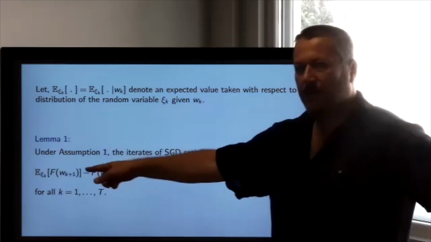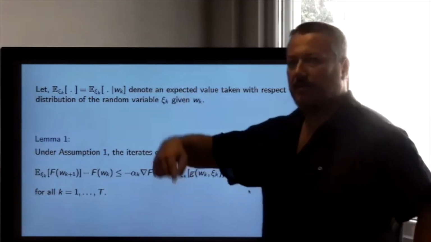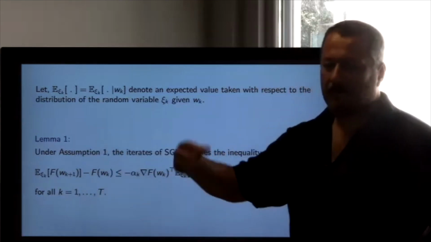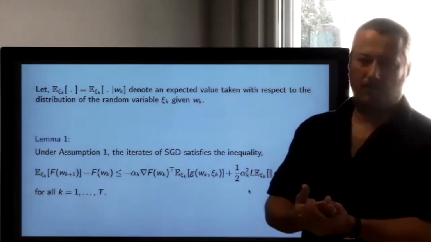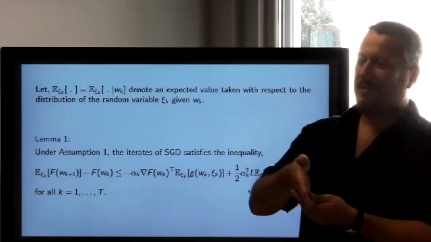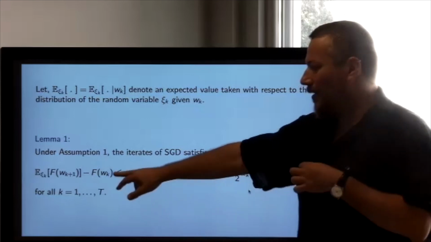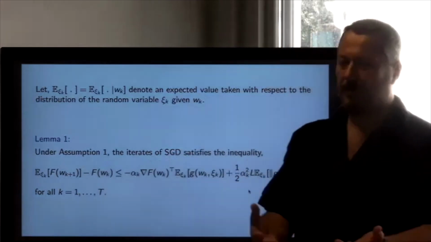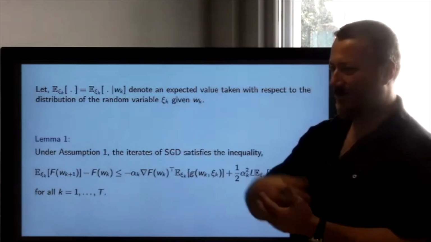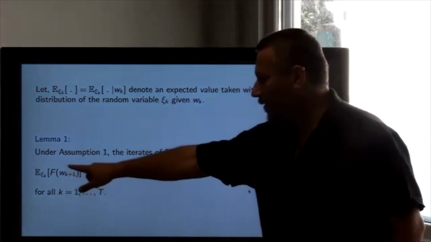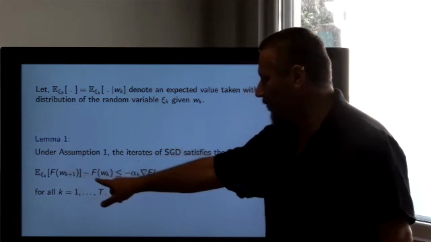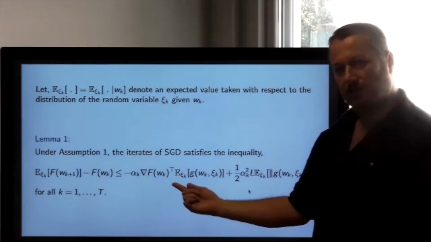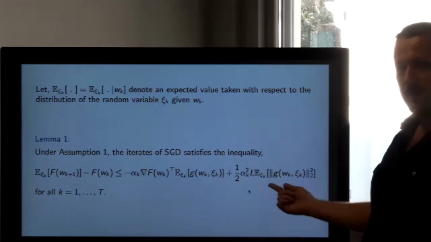The expected value of the objective function at this new point that we have moved to minus the value at the previous point. Now, since we are at step k, we just assume omega k is given to us, so it's a fixed value. But omega k plus 1, we get by a stochastic process. So the expected value of f of omega k plus 1 minus f of omega k is smaller than or equal to this expression plus this expression, the second term.